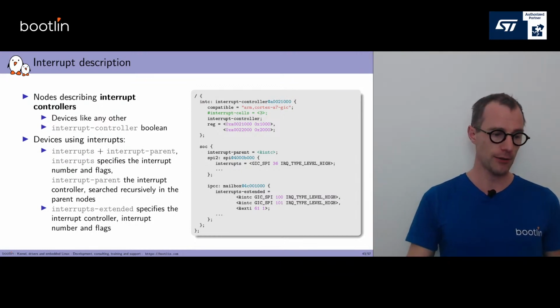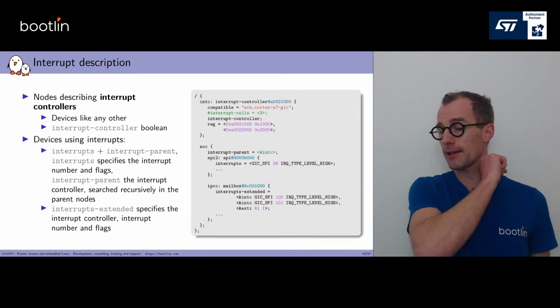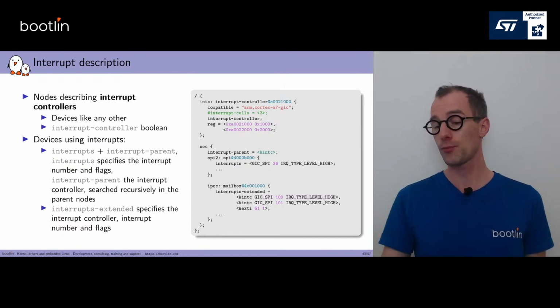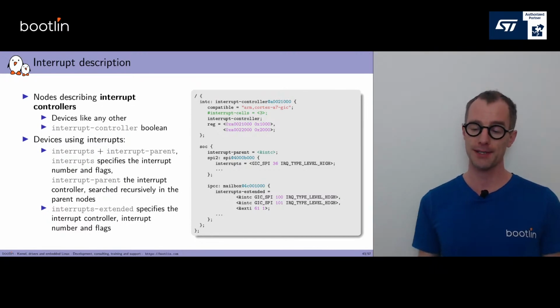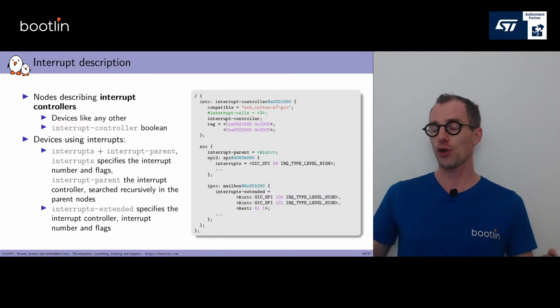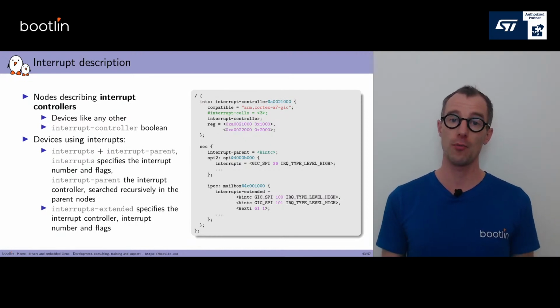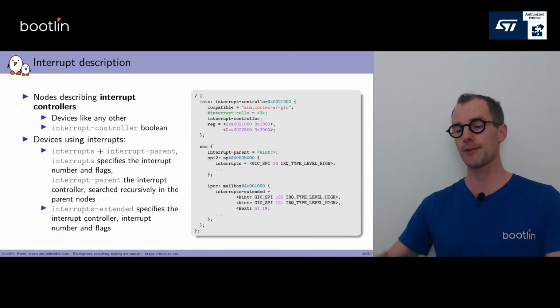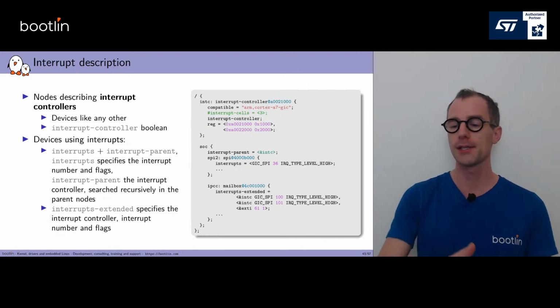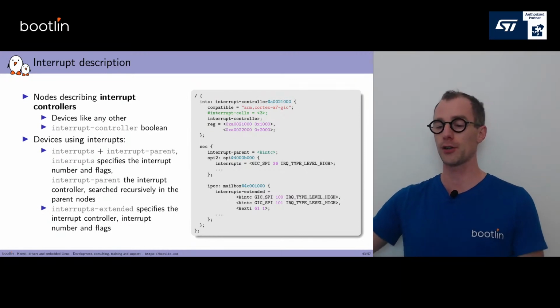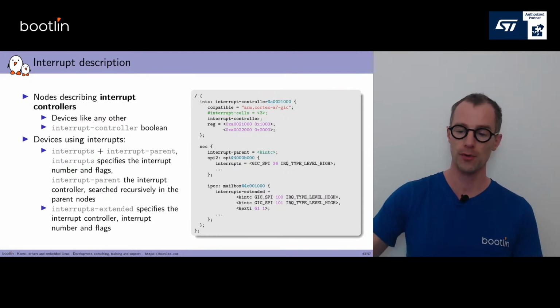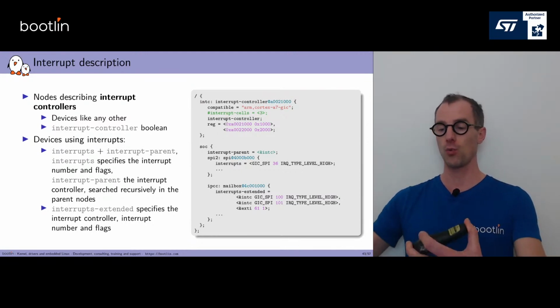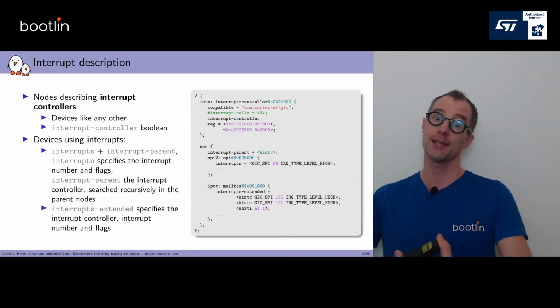The example at the bottom indicates interrupts using a different property, interrupts-extended, which is basically the combination of both in just a single property. Indeed, we specify the interrupt controller and then the specification of the interrupt. So inc GIC_SPI 100 IRQ_TYPE_LEVEL_HIGH is one interrupt. inc GIC_SPI 101 IRQ_TYPE_LEVEL_HIGH is a second interrupt.